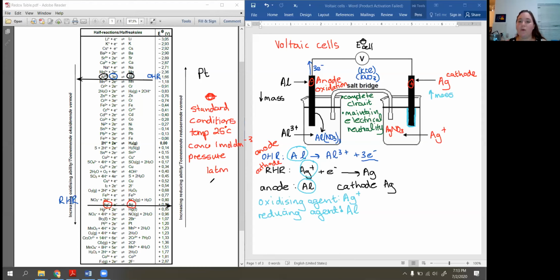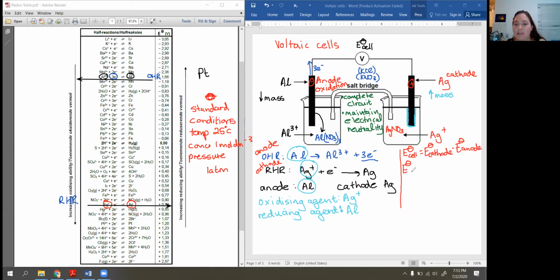So the three equations that you're going to get, and I'm just quickly going to stick them down the side here, say E theta cell is equal to E theta cathode, got to get this right, minus E theta anode. These are on your formula sheets. You can always know that they're there.